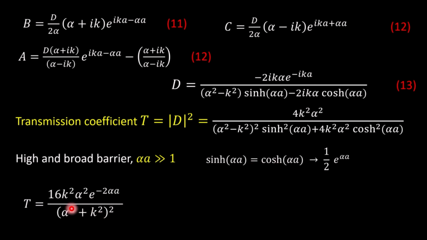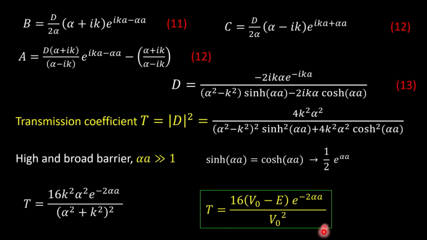Now if you substitute for k square and alpha square in terms of energies, it becomes a simplified form like this. Since none of these values are 0, you can see that there is a finite probability for the particle to penetrate through the potential barrier even if its energy is less than the barrier height. This is in contrast to classical physics, which says there is no possibility for the particle to appear in region 3 if its energy is less than the barrier height.